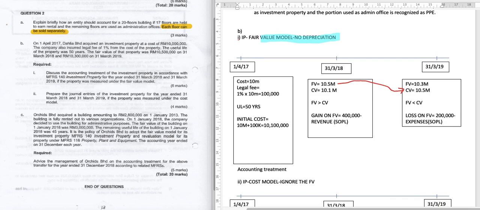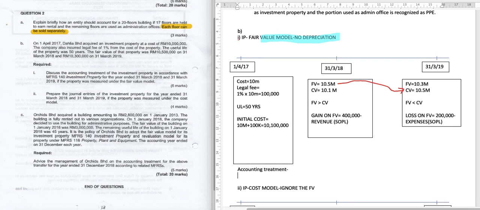So we are going to answer the question, the accounting treatment. So the question asks for year ended 31st March 18 and 31st March 19.